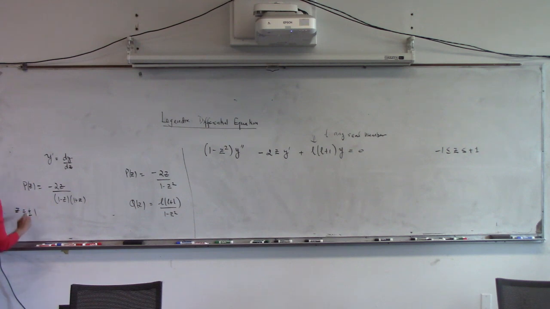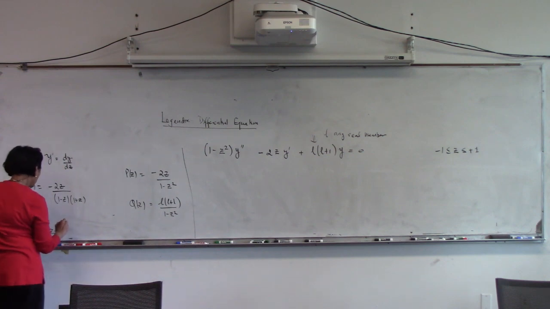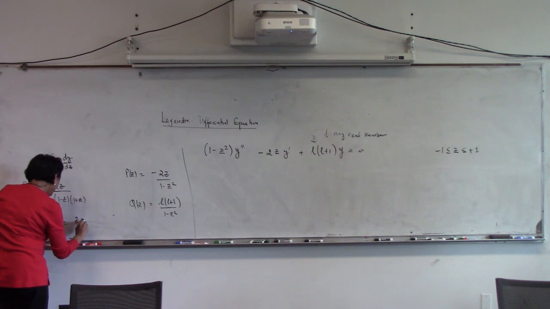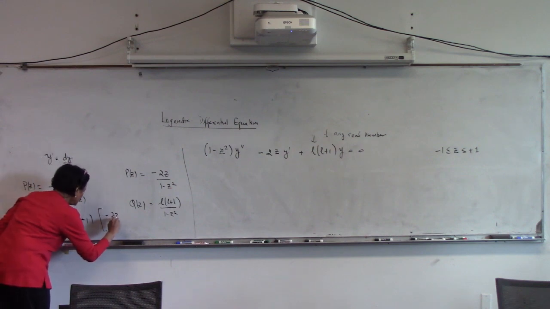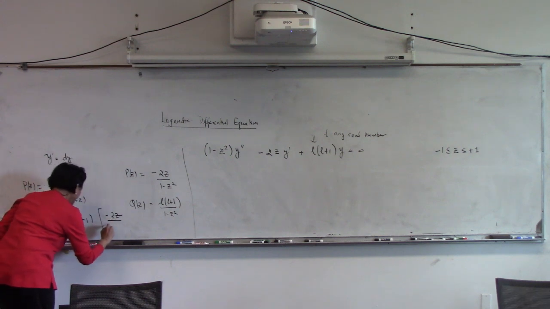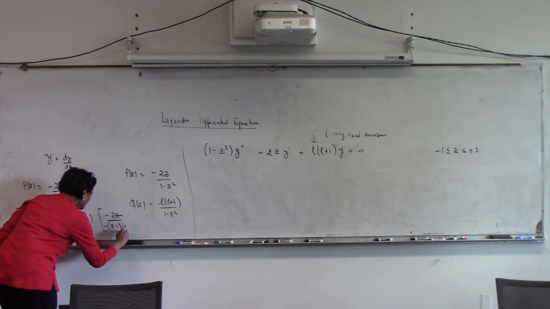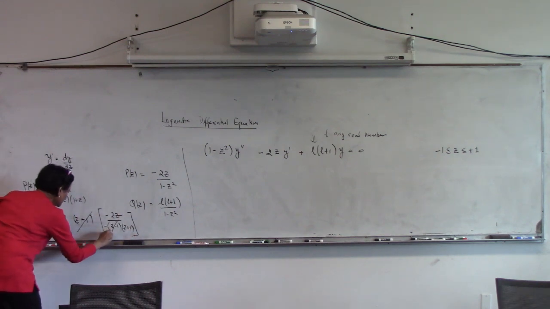But z minus 1 times P of z at z equal to 1 is what? It is z minus 1 times minus 2z over, I'm going to write it as z minus 1 now with a negative sign, times z plus 1. Okay, so I can cancel these things.